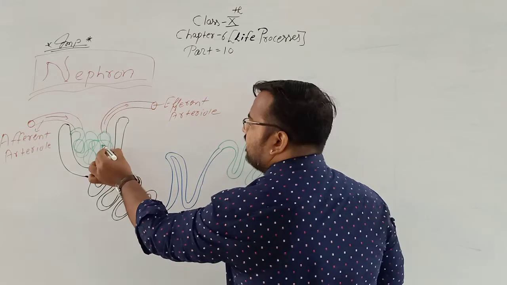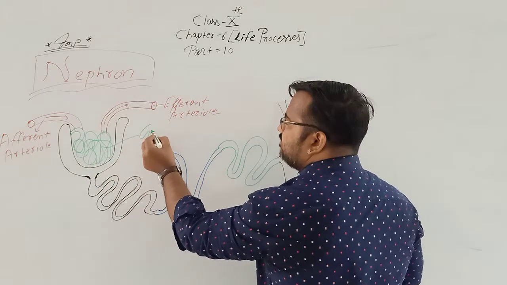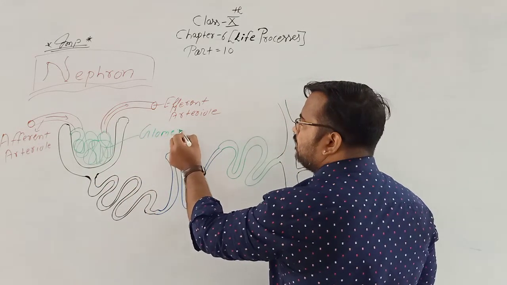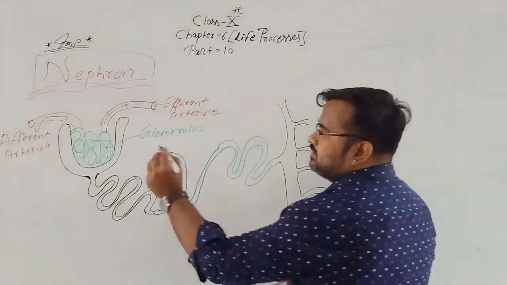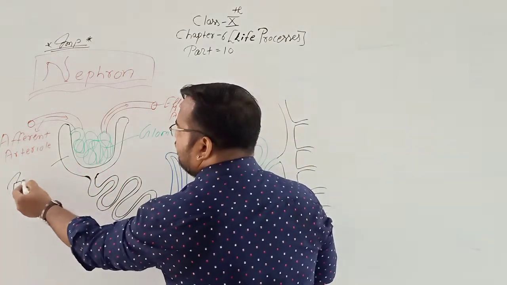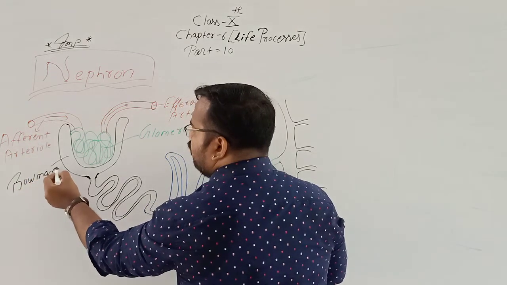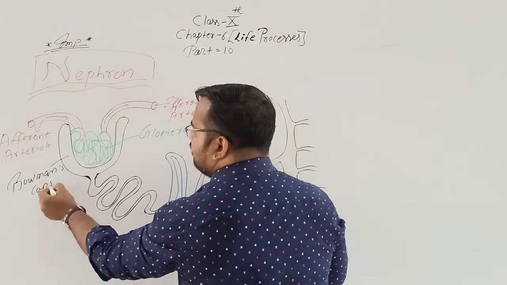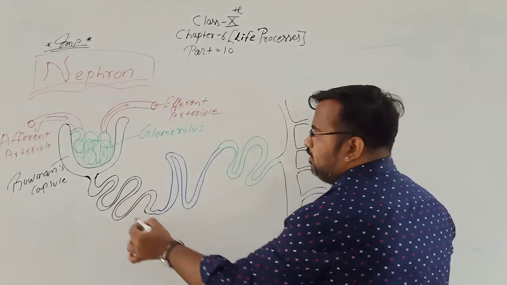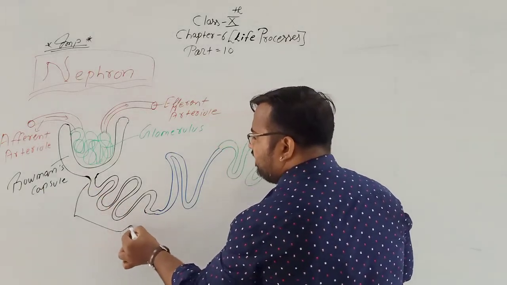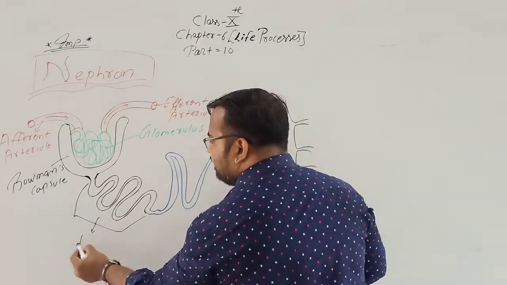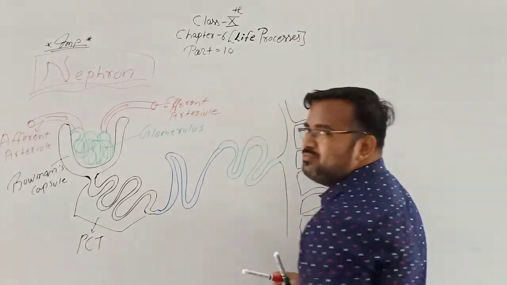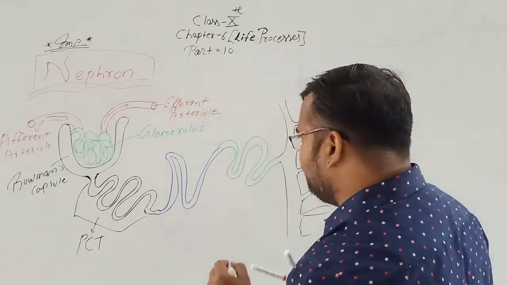This network of blood capillaries is known as the glomerulus. This cup-shaped structure is known as Bowman's capsule. The tube which is very coiled is known as the PCT, proximal convoluted tubule.